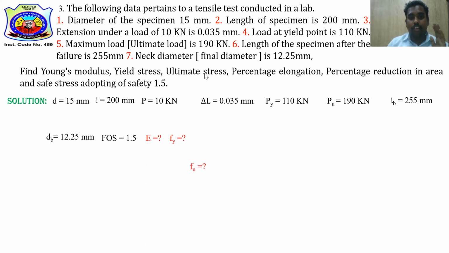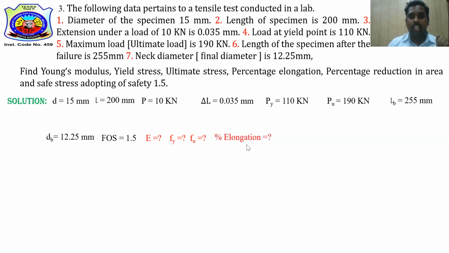Ultimate stress is Fu. Similarly, P is load, Pu is ultimate load, Py is yield load. Similarly, F is stress, Fu is ultimate stress, Fy is yield stress.